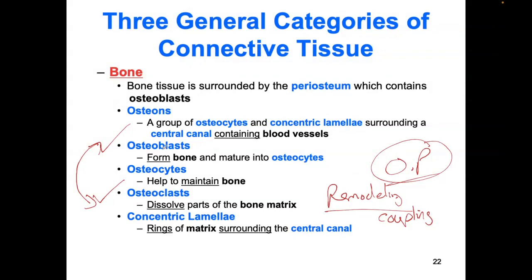Now, if this cell right here is an osteoblast, it's going to produce matrix. It's going to produce calcium salts. It's going to produce a cement. Whatever it's producing, it's going to push it out here, and eventually whatever this osteoblast pushed out, that cement, the calcium salts, hydroxyapatite, it's going to harden, right?